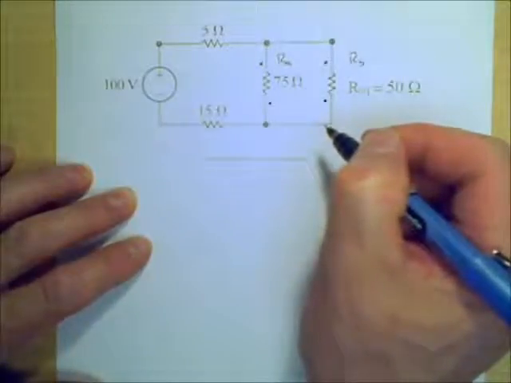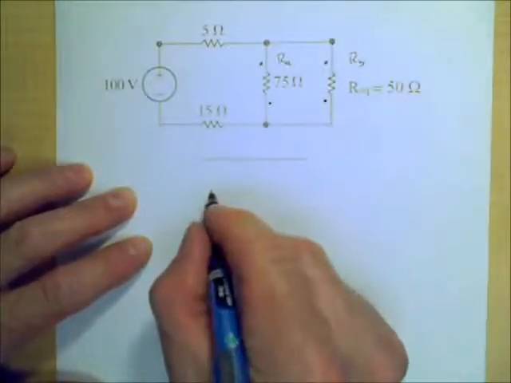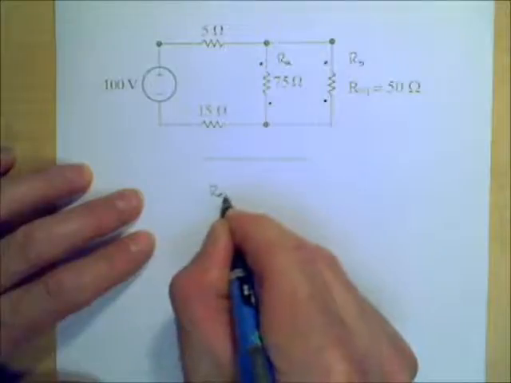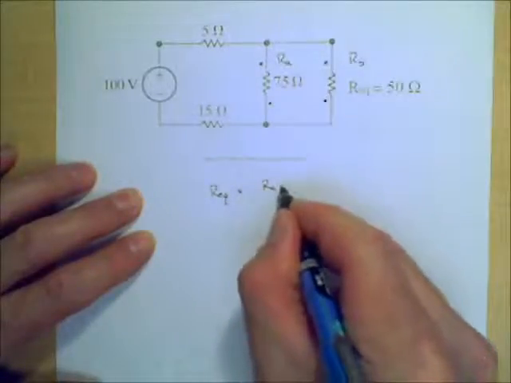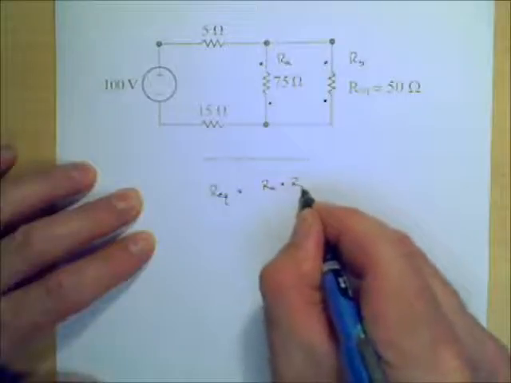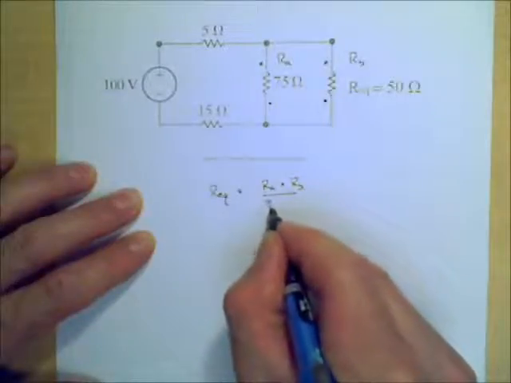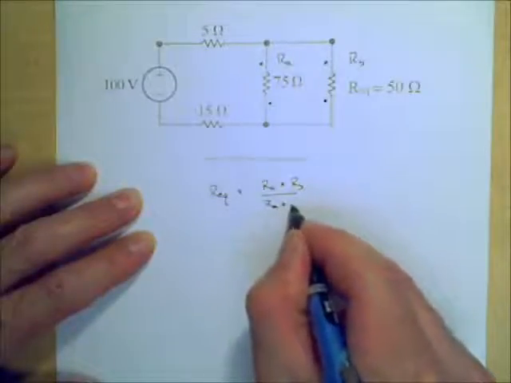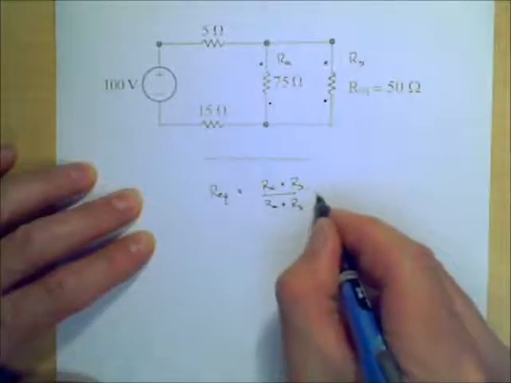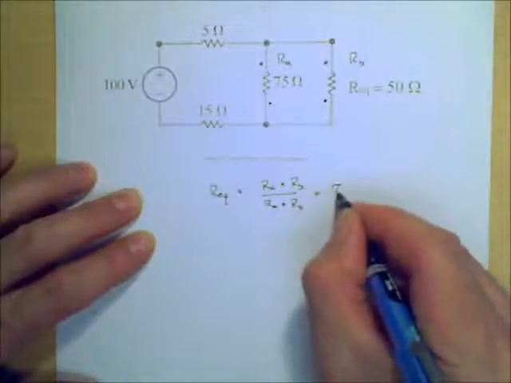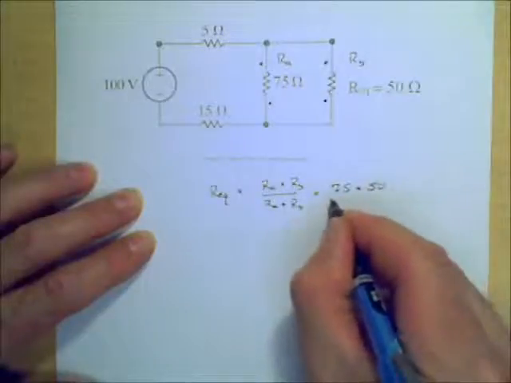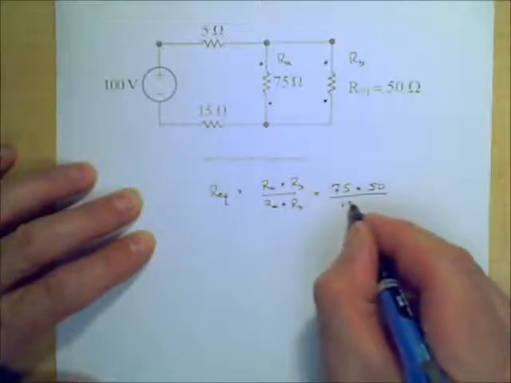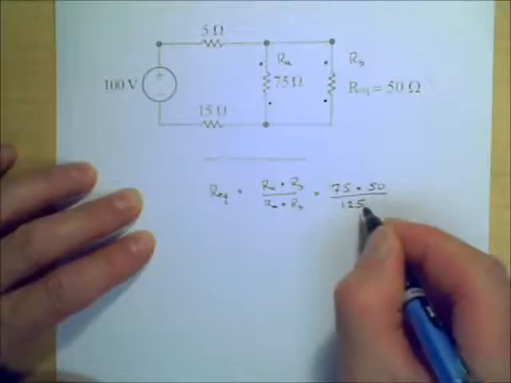We use our expression that says the equivalent resistance of two parallel combinations is RA times RB divided by RA plus RB. In this particular case, it's 75 multiplied by 50 divided by 125.